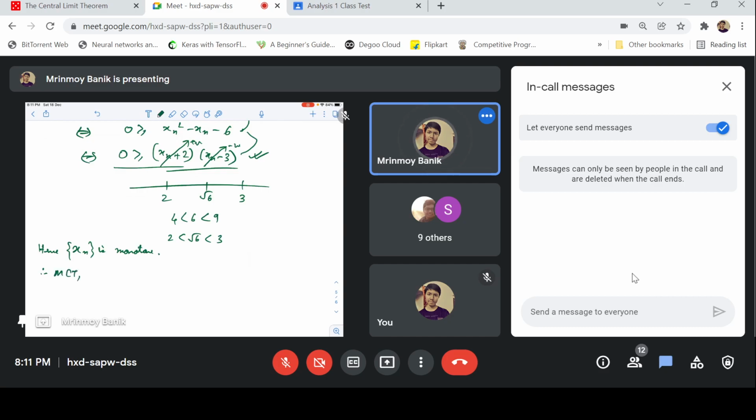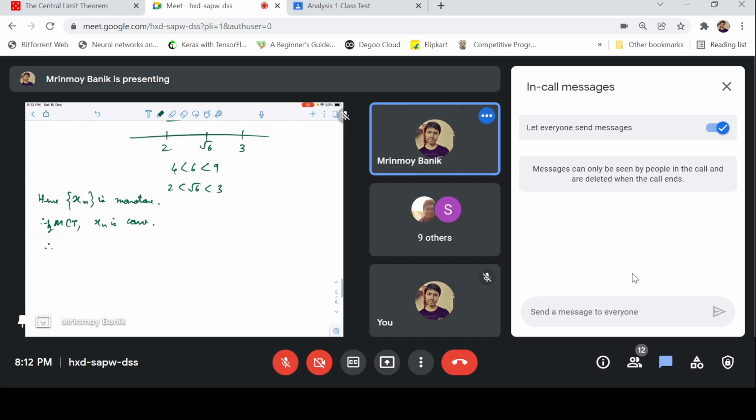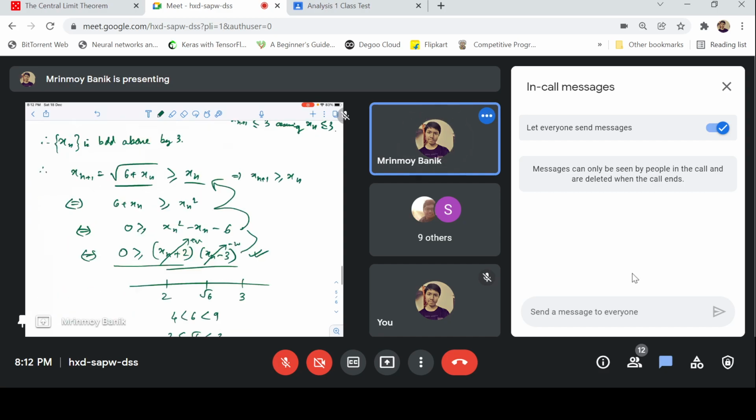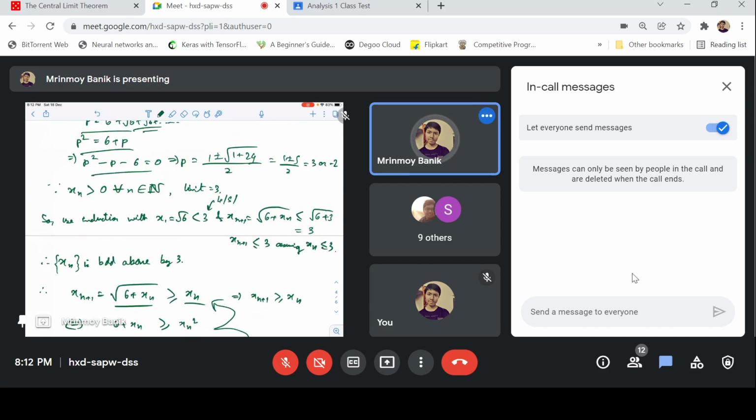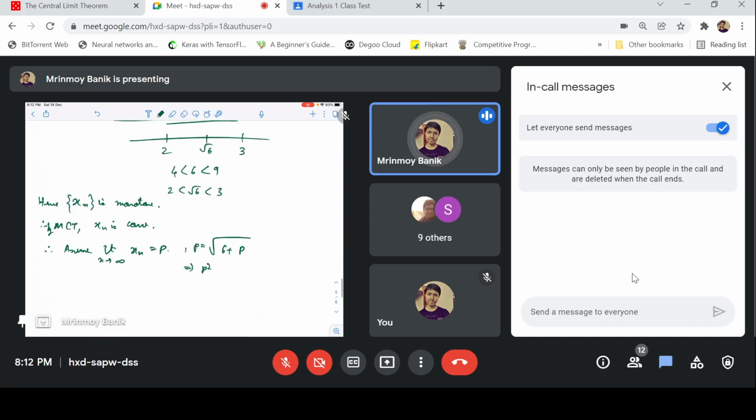So by MCT, x_n is convergent. Therefore, we can assume that the limit of x_n equals p or anything, and then we can write p as square root of 6 plus p, from which you can obtain the quadratic, and solving that you will get 2 or minus 2 or 3.